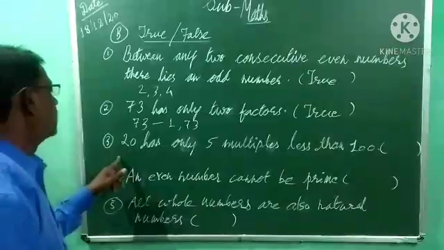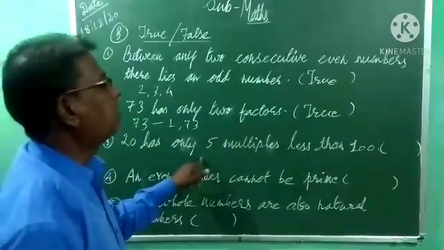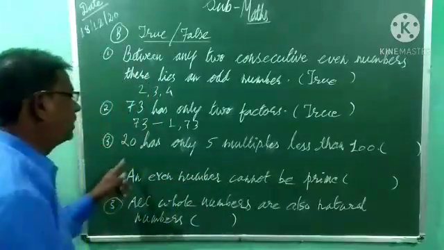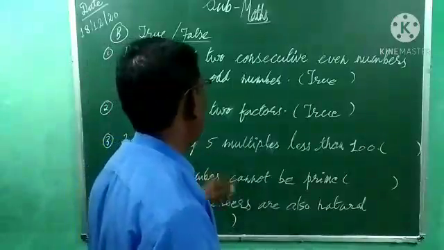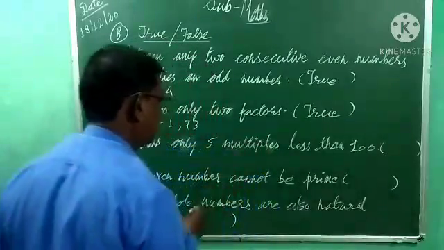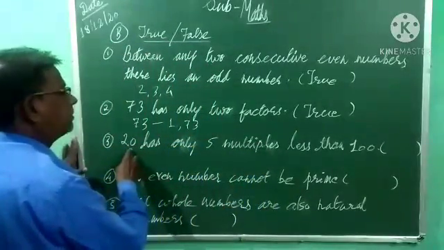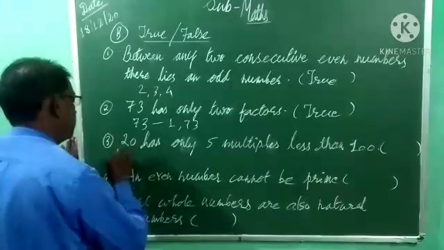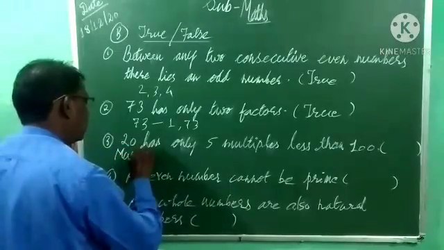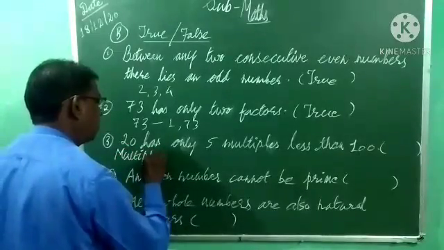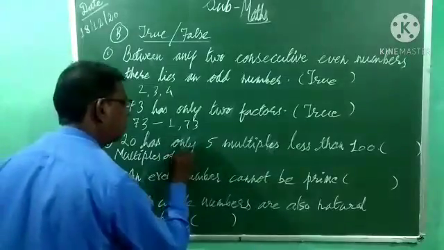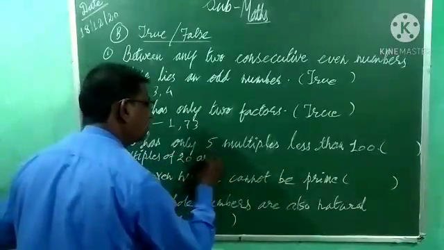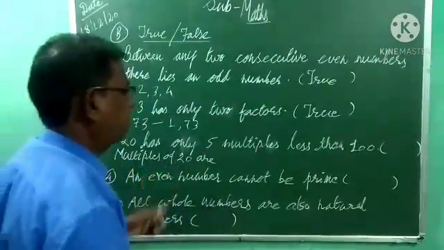Okay, now third, 20 has only 5 multiples less than 100. 20 has only what is given? 5 multiples less than 100 is given. So at first you write multiples of which number? 20. We will write multiples of 20 less than 100.